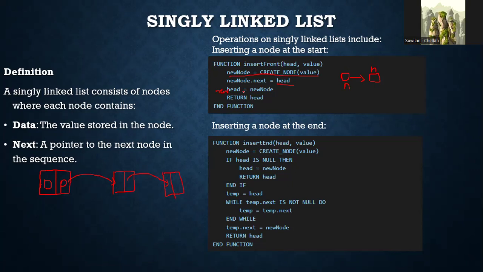Then our new head is going to contain the value of our new node. And then we return the new head. So meaning that we've inserted a node at the beginning of the linked list.